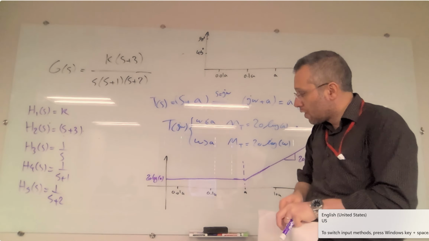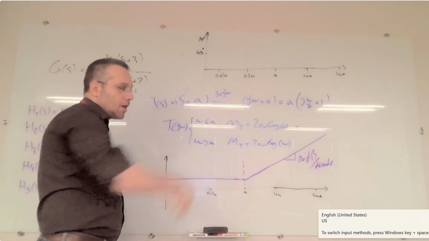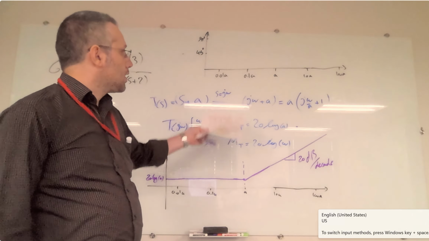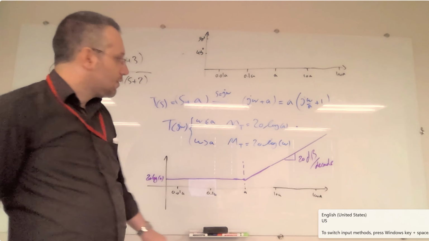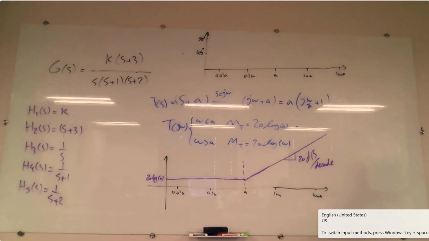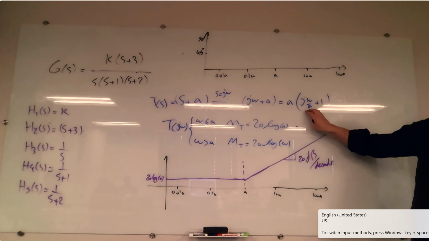Now, what we saw from our simplified analysis of this term, when we wanted to find the behavior of the phase of the transfer function, we said when omega is way less than a, this term is neglected.